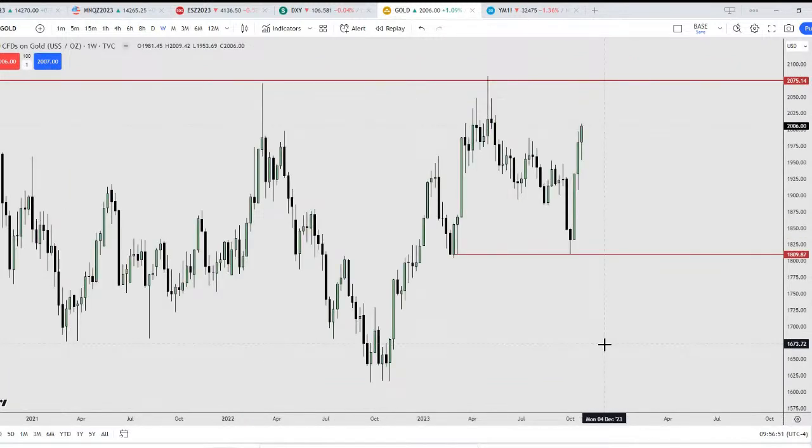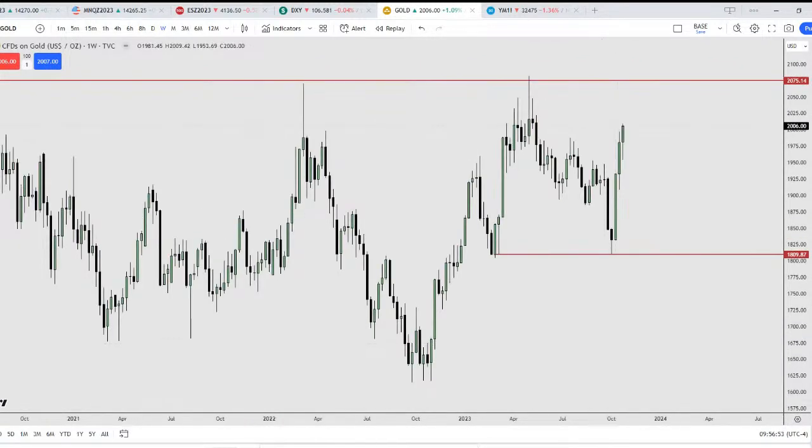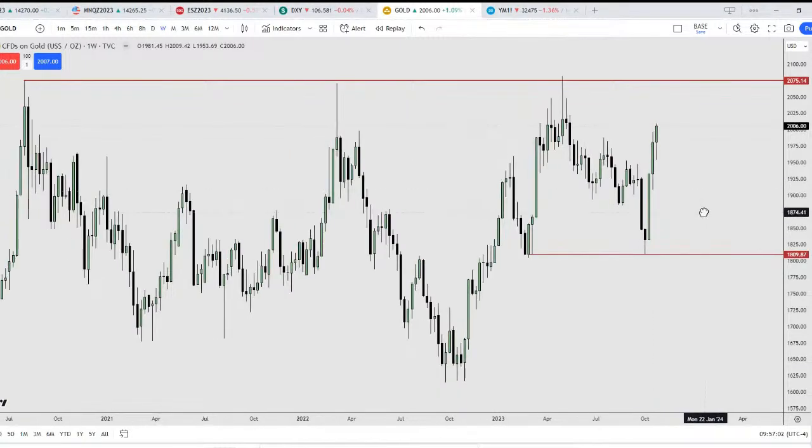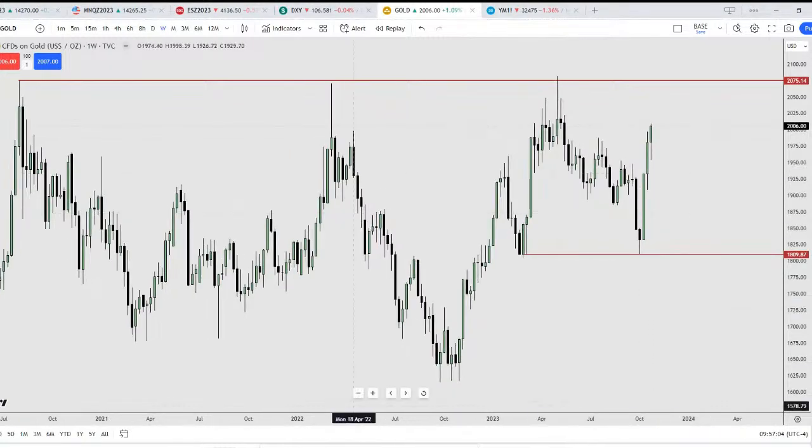Gold is basically moving in the same direction as the dollar, which means low probability conditions due to decoupling, but of course it doesn't mean that you can't trade it. We have a bullish order block right here, and I believe it's going to sweep this high again.